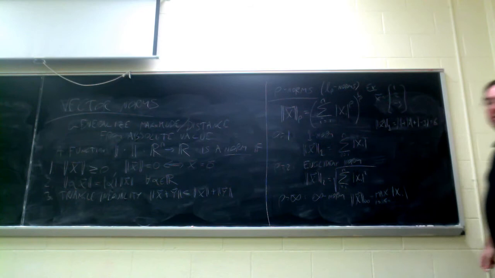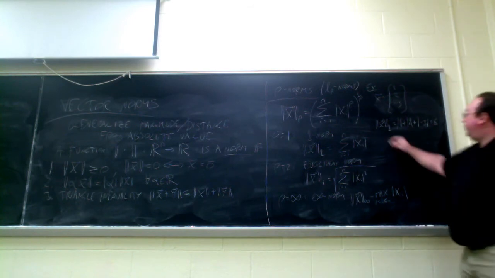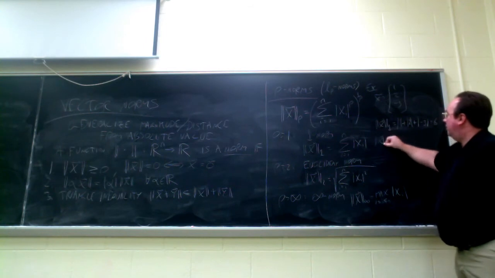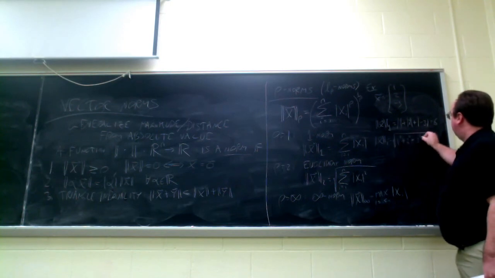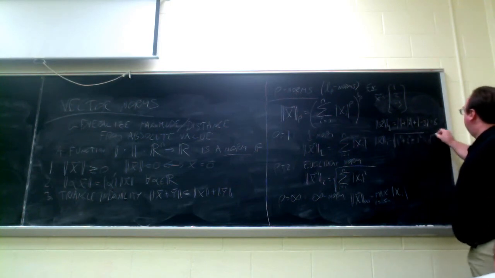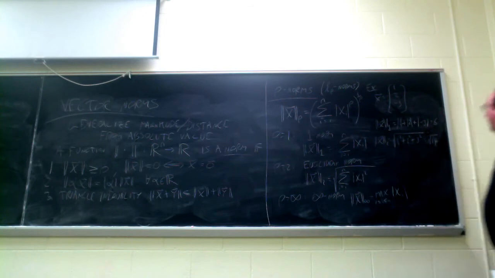And we're going to get 6. If we take the 2 norm, so square root of, okay, so we get the square root of 14 in this case.